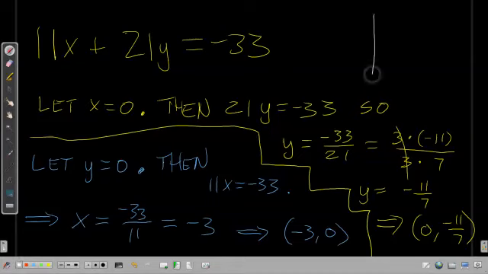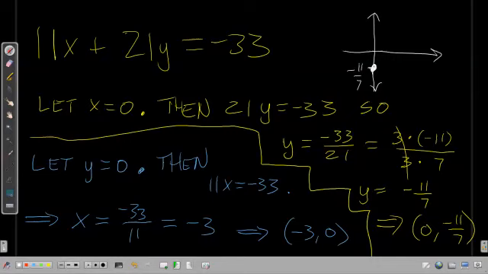Make a sketch. Plot those 2 points and connect them. And you can't go wrong when it comes to the third part of the question. I don't need to know exactly where negative 11 over 7 is.